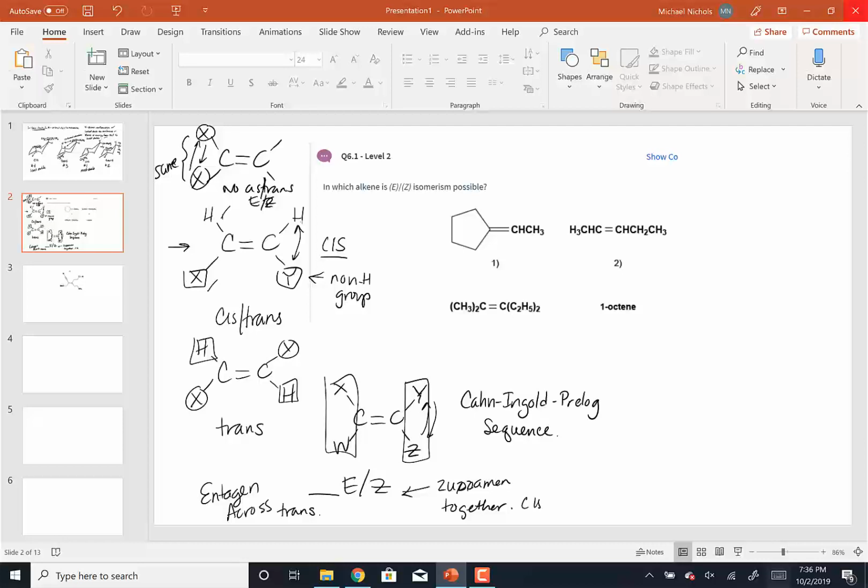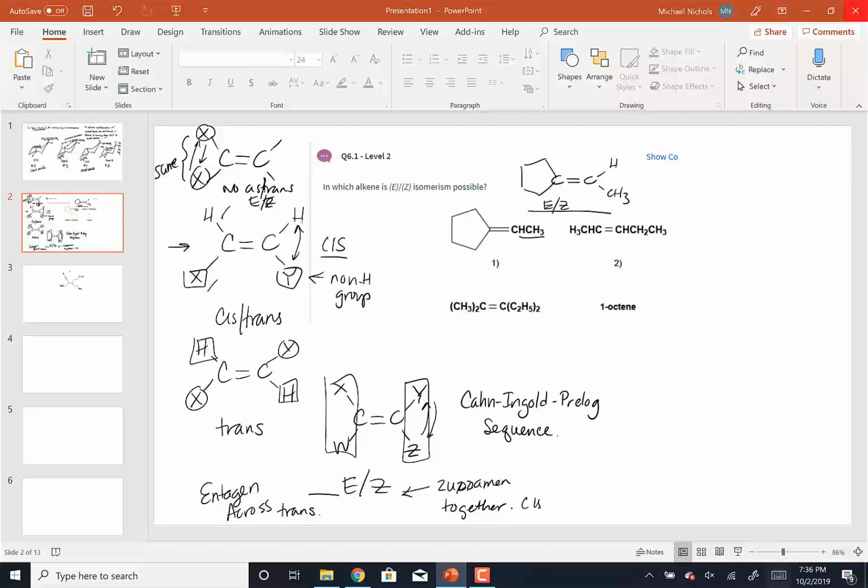So now let's go to problem number 1 here. We have a ring with a carbon-carbon double bond, and over here we have an H and a CH3 group. It doesn't matter whether I put the H on top or the CH3 group on top. Does this molecule have the possibility to be E or Z?